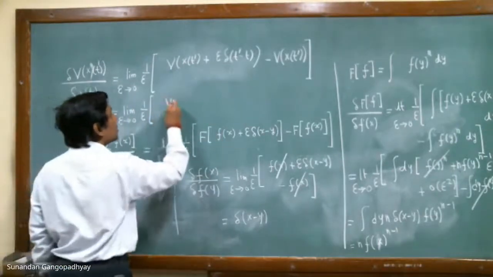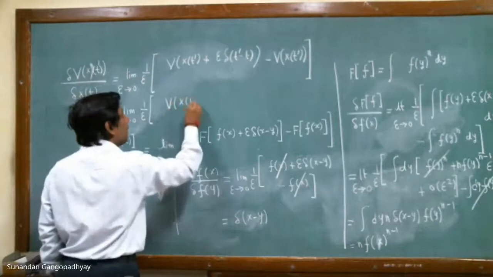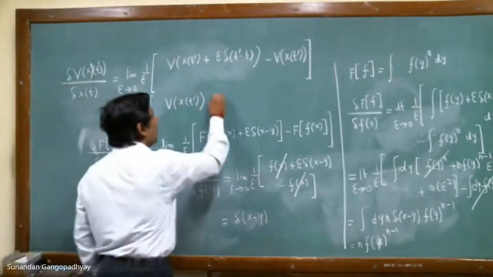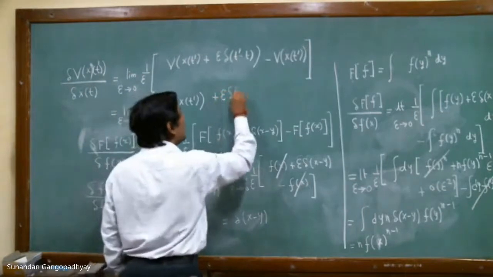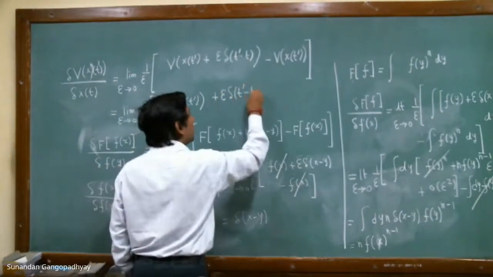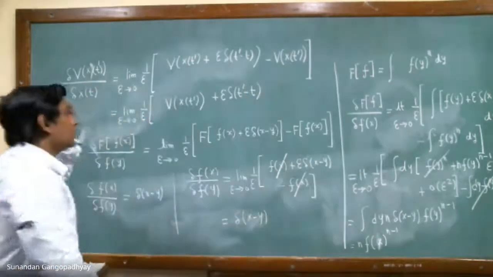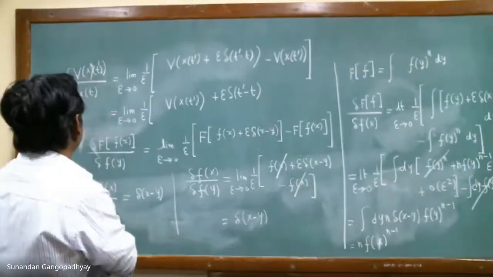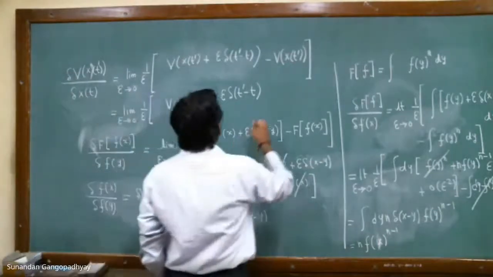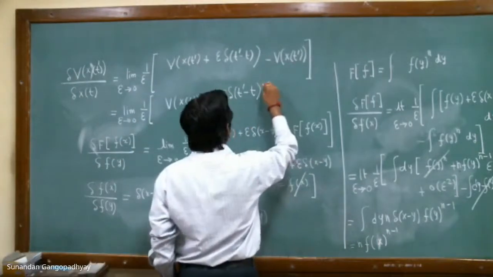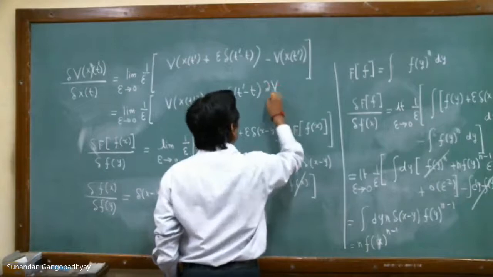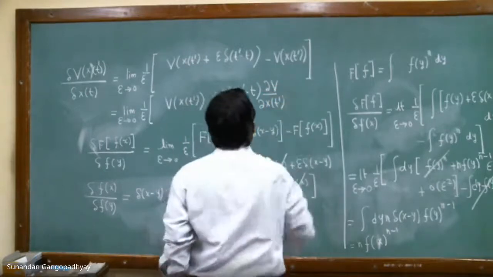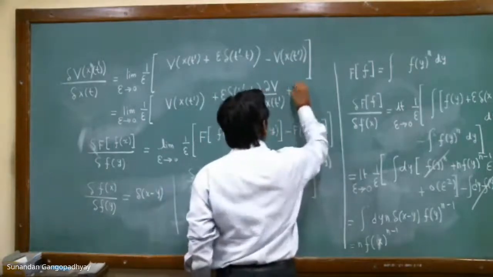So this will give us v of x prime, the first term, plus epsilon delta t prime minus t, and then we have del v del x t prime plus terms of order epsilon square.